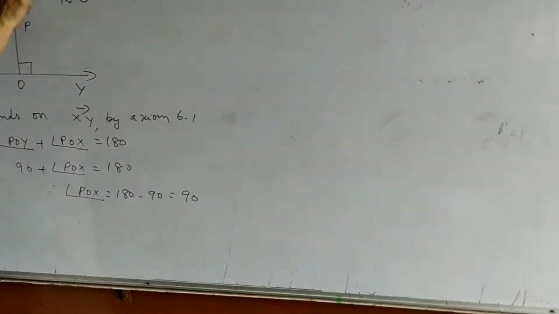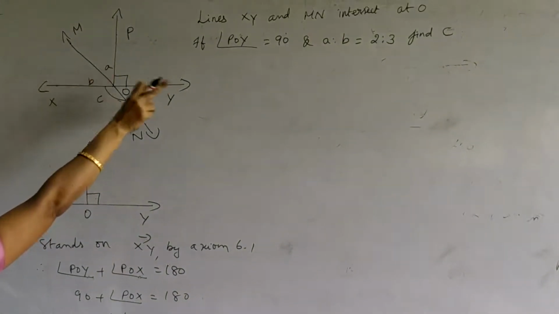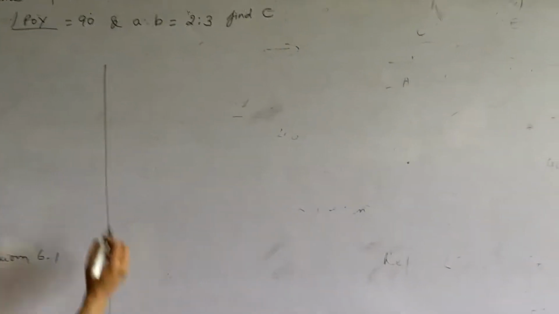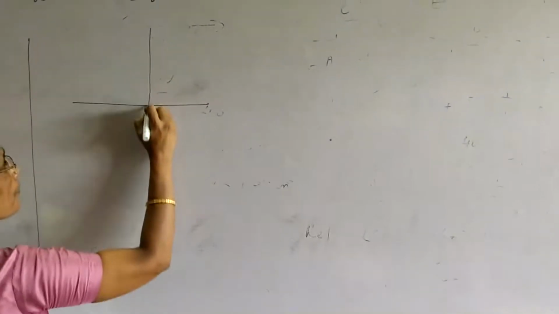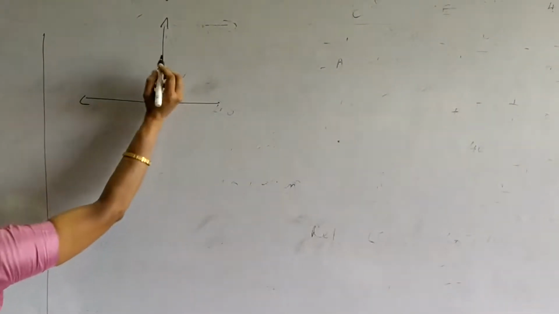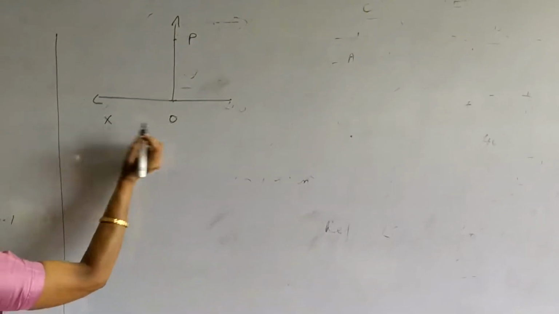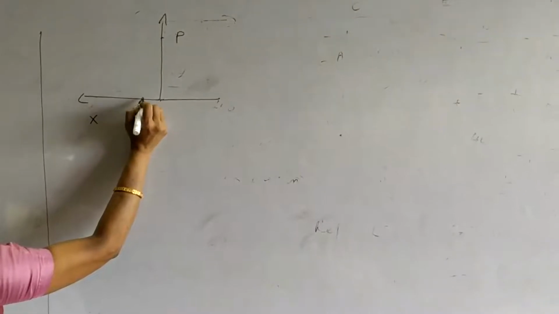So we have to find out C. Before we find C, let us make use of the ratio A is to B equal to 2:3. So I take only this part. It is POX. Here we know this is 90 degree. Just now we got.